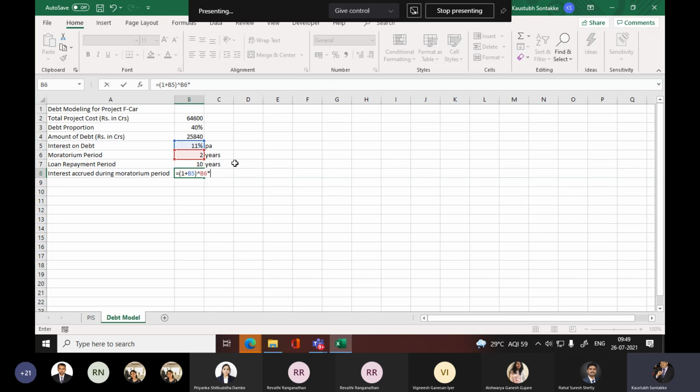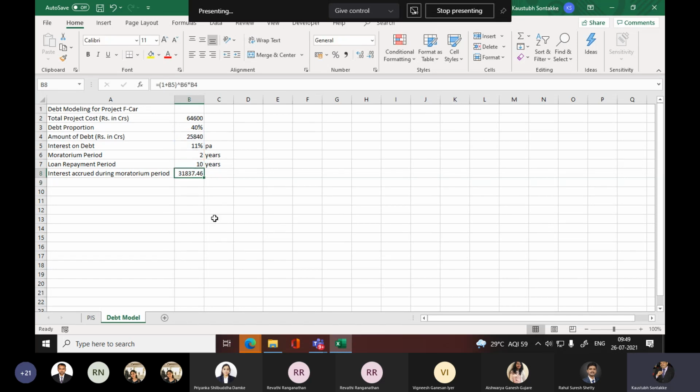It is 1 plus r raised to n. We know the formula. So I wrote 1 plus r, r is 11%, n is 2, multiplied by the amount of loan, and I say enter.